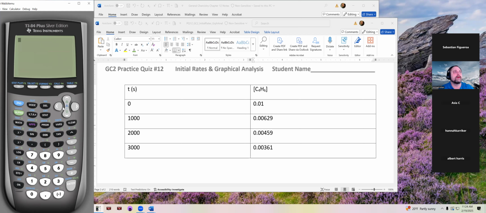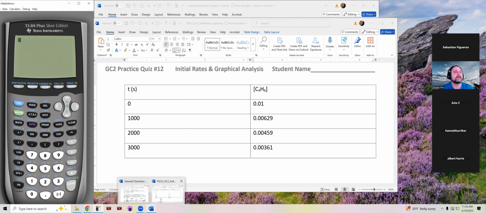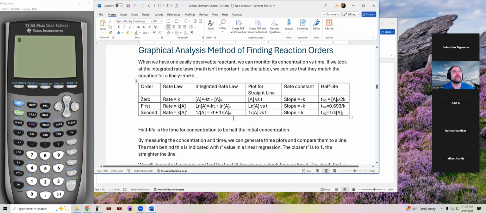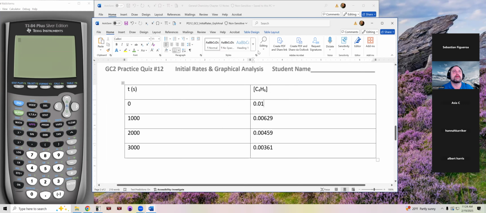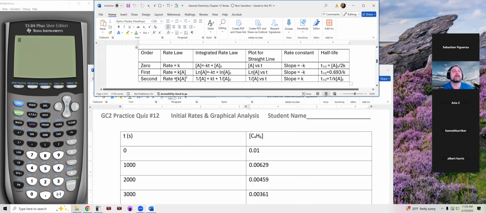All right, so here's the key: I'm going to be following our notes, this little table. This little table has, if it's zero order, the rate doesn't change with the concentration.